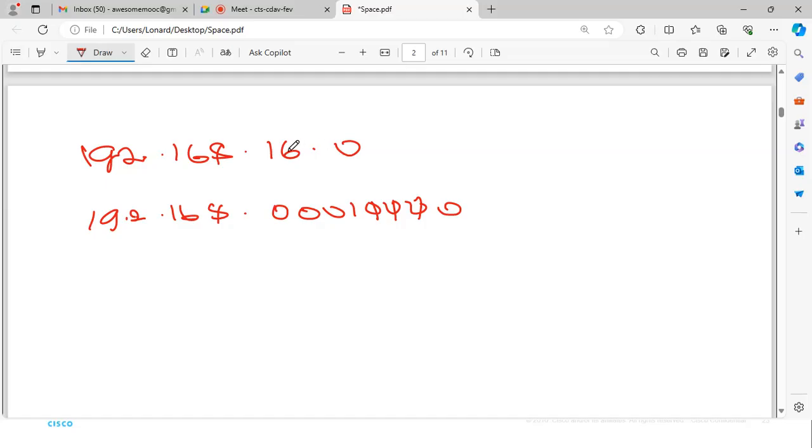Then here is 16, and this side we have a 0 here. So for 16, it is 0, 0, 0, then 1, then 0, 0, 0, like this.